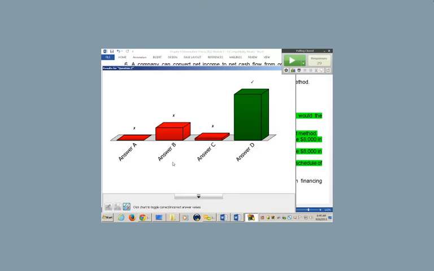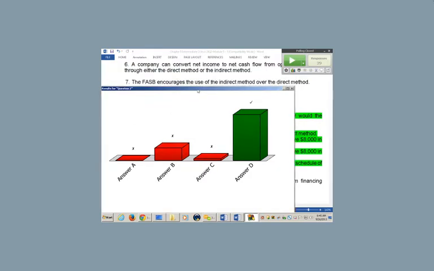Before we go on to anything else, we're going to get to a comprehensive illustration. This is the next module. You're going to find that this will get you through all of the computations, the procedures, the mechanics, as well as the disclosures. And then there's a self-assessment question in there. I'll post the answers in a couple of days.